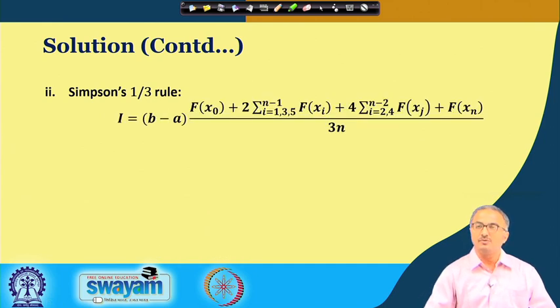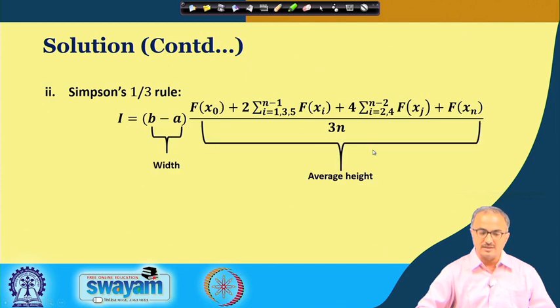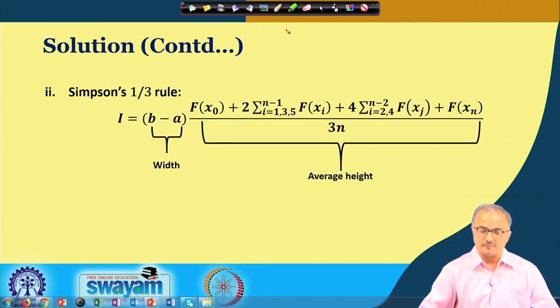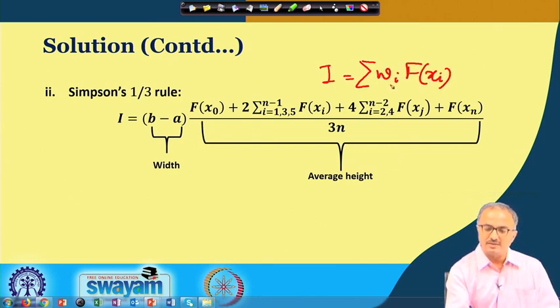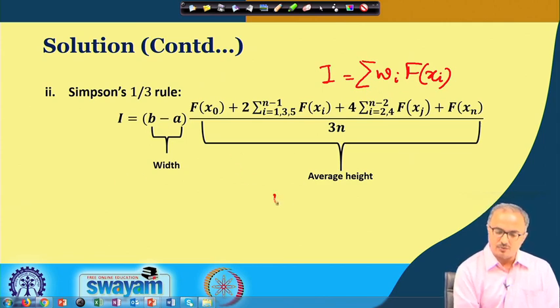So, here you can see, without deriving the equations, that this is the particular expression we are getting. In this expression, again you can see that this is the width and this is the average height. Please note that within the intervals, these values are changing a bit from the trapezoidal rule. And again, if you go back to the original formula where I said that the integrand is Wi into f(xi), you can see that when i equal to 1, Wi is equal to 1.